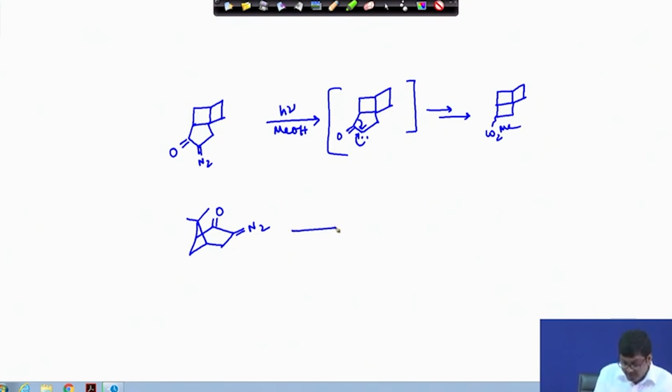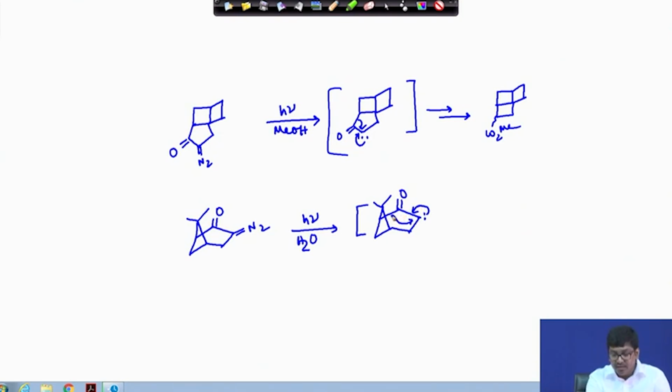Again under photolytic conditions, and here water is the nucleophile. As per our previous experience, we can make the corresponding carbene, and then one bond will migrate.